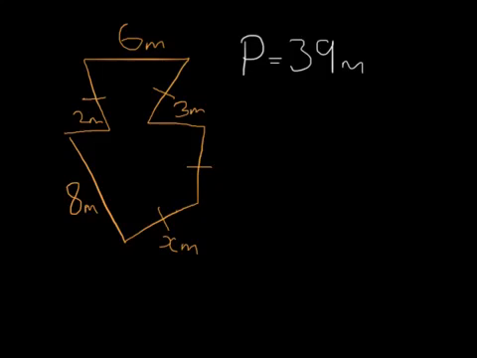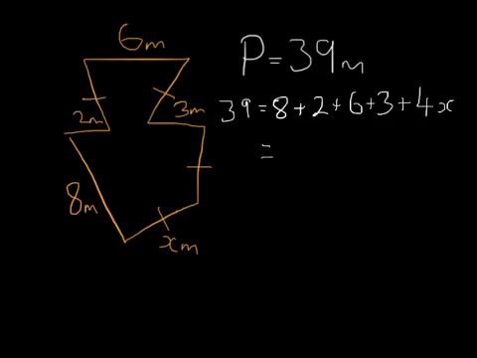If we write out, so that's 39 equals 8 plus 2 plus 6 plus 3. There's also 4 sides of unknown length that are in this shape. So that's going to be plus 4 lots of x.